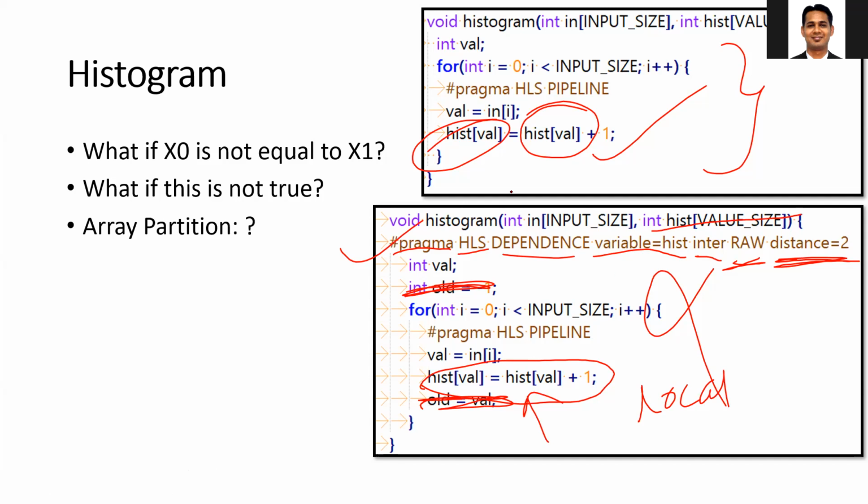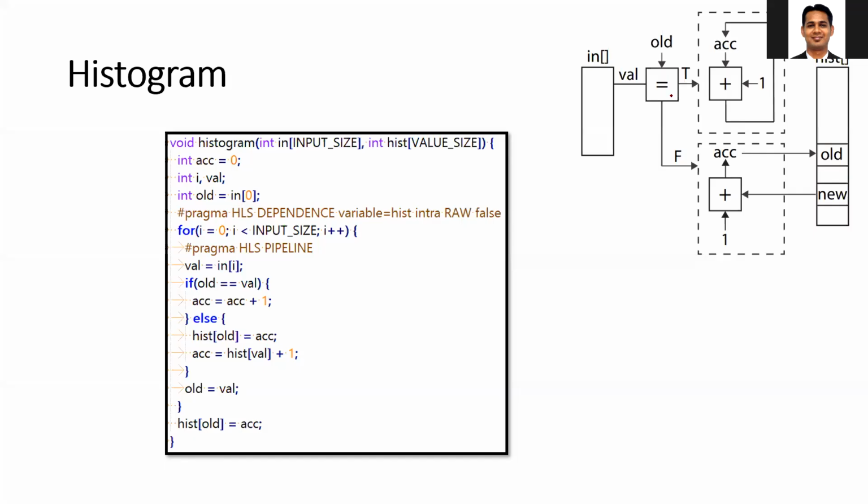What can be another solution? Now if you look at the histogram example, you can see that there are two cases. In one case, you are reading the values of the input and the consecutive values are identical. When the consecutive values are identical, why do you need to write the data into the memory every time?